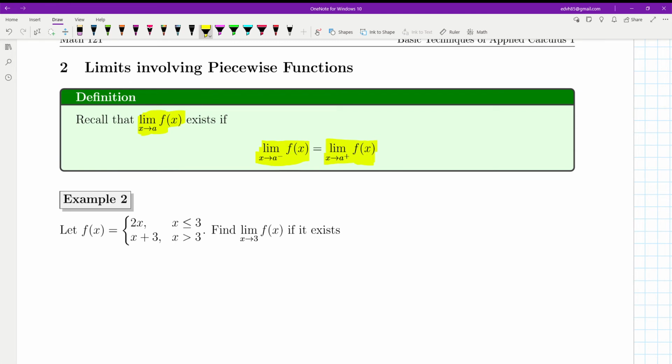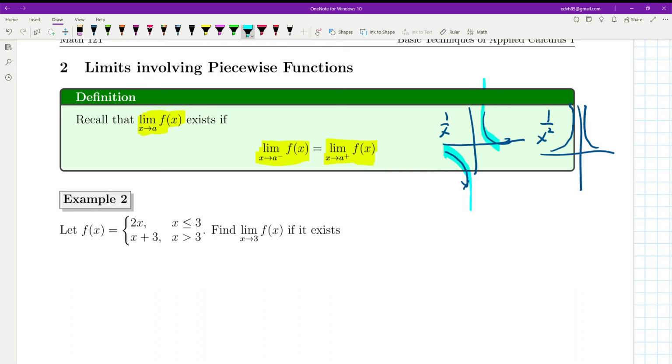So for example, you might remember the case in which we have the limit for 1 over x and the limit for 1 over x squared. In this case, for 1 over x, when approaching 0 from the left and from the right, we got different values.